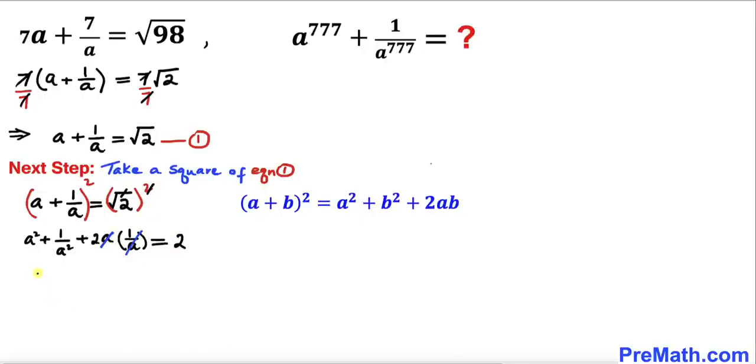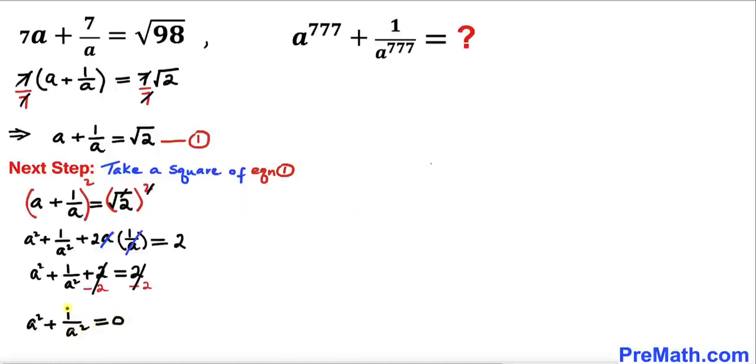So we end up with simply a squared plus 1 divided by a squared plus 2 equals 2. Let's subtract 2 from both sides. This is gone and this is gone as well. So we end up with a squared plus 1 divided by a squared equals 0.